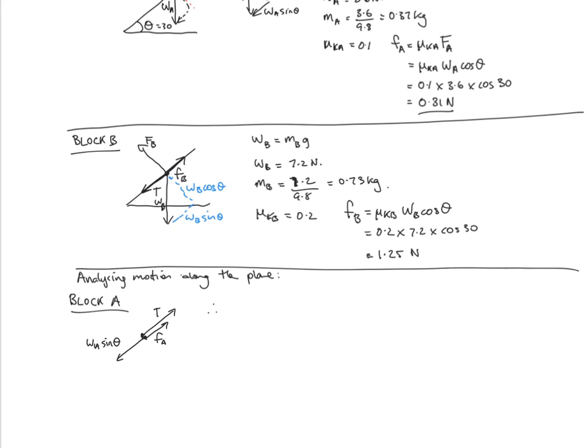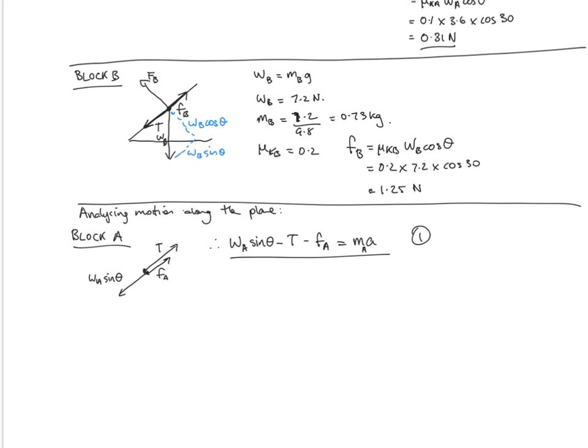So we can now come up with an equation that says, add all those guys together, and remember taking down the plane as being positive, so WA sine theta is a positive value. The tension then is going to be subtracted, and so is FA. And they're going to be equal to mass times acceleration. So mass of A times acceleration. This is an equation, one of our equations. So that's a very important equation.